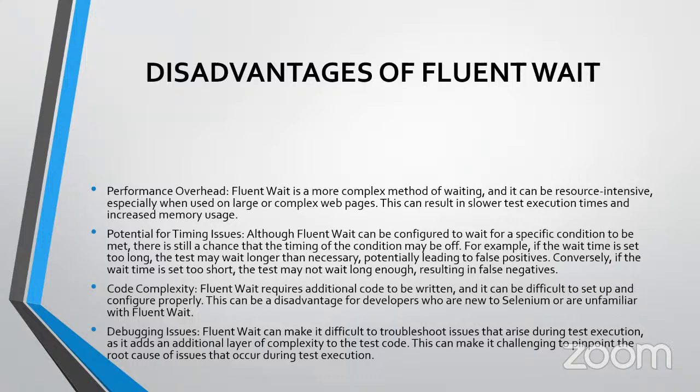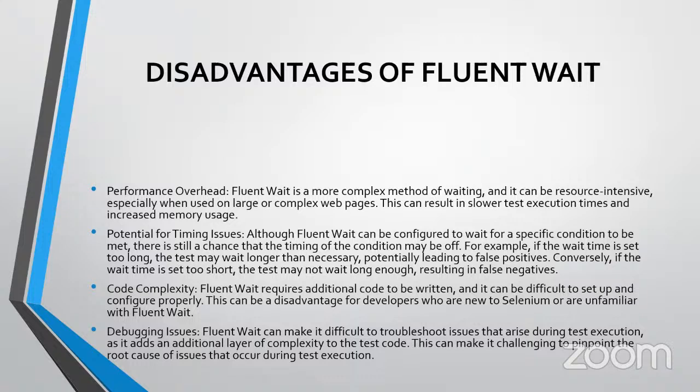So we have to take note when we are writing our Fluent Wait code. It can be difficult to set up and configure properly, and this can be a disadvantage for developers who are new to Selenium or unfamiliar with Fluent Wait.